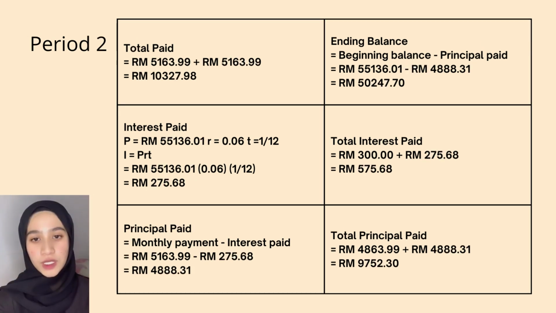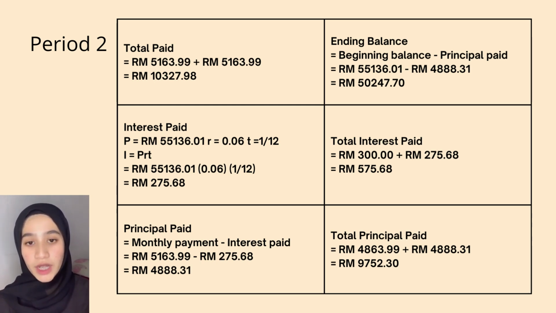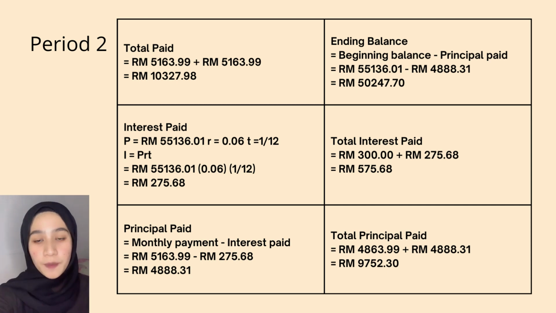This slide shows the calculation for period 2. The total paid for period 2 is 10,327 ringgit and 98 cents. By using the formula I equals PRT, the interest paid is 275 ringgit and 68 cents. Principal paid is 4,888 ringgit and 31 cents.